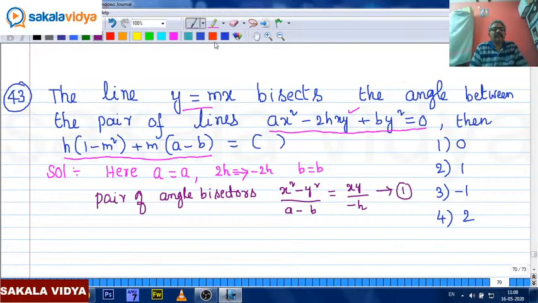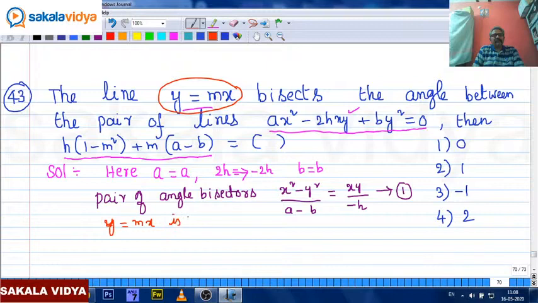Here, very interesting factor: y is equal to mx is one of the lines of 1.